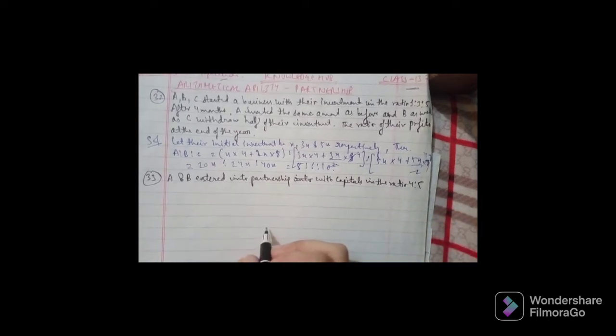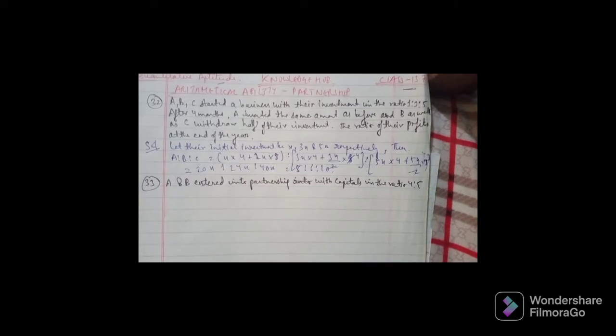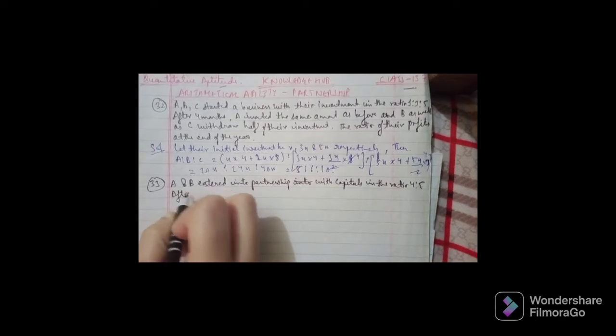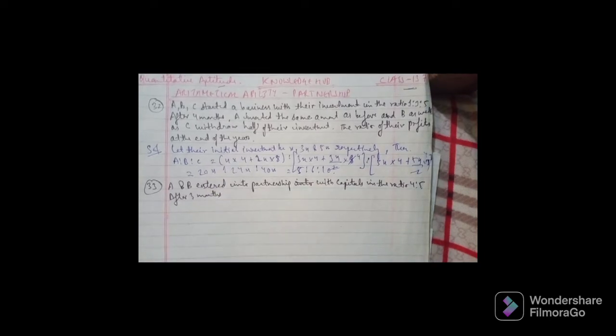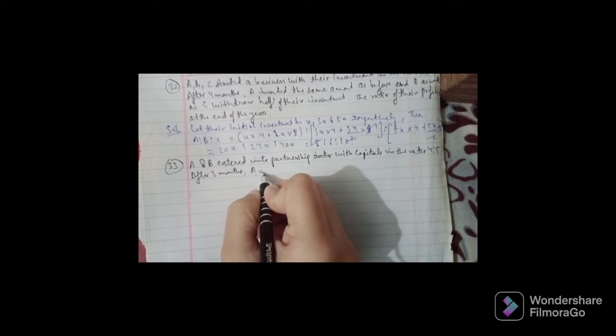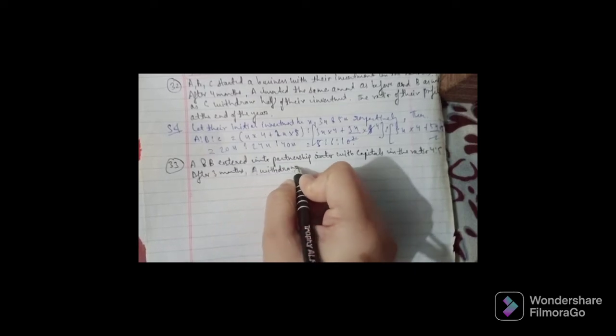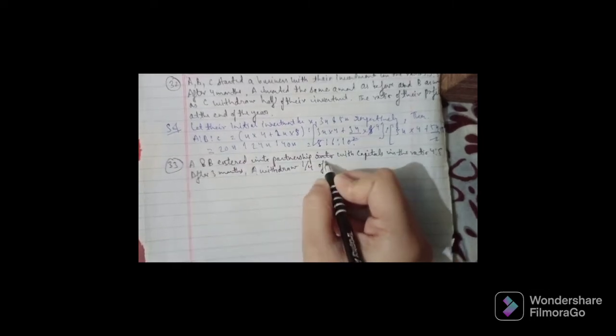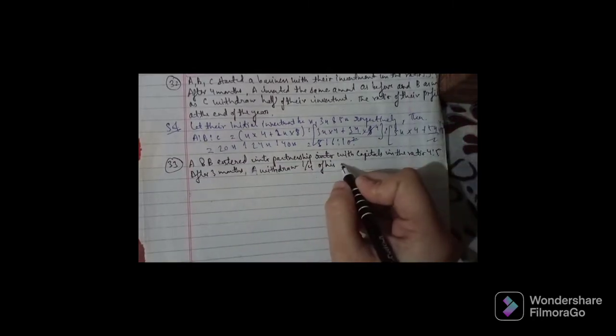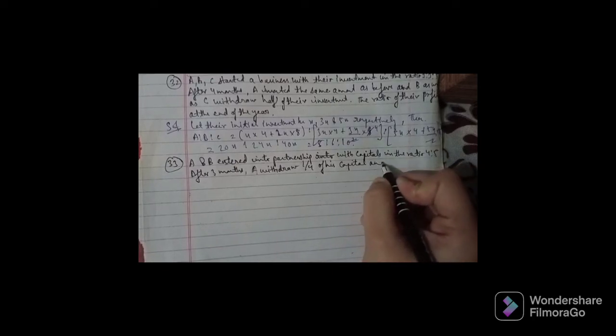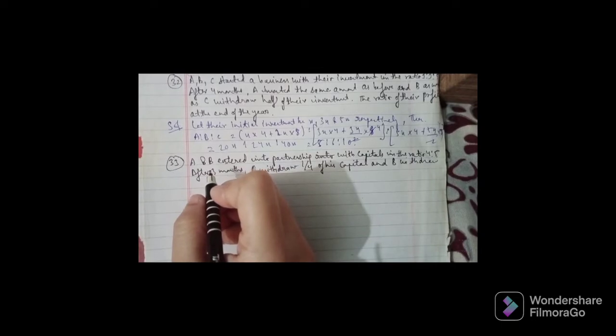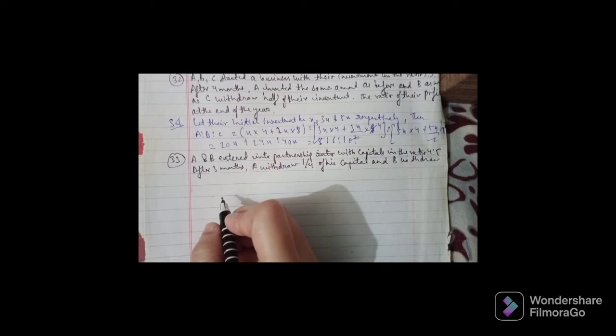After 3 months, A withdrew 1/4 of his capital, and B withdrew 1/5 of his capital.